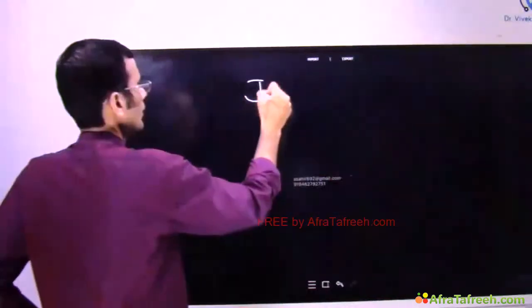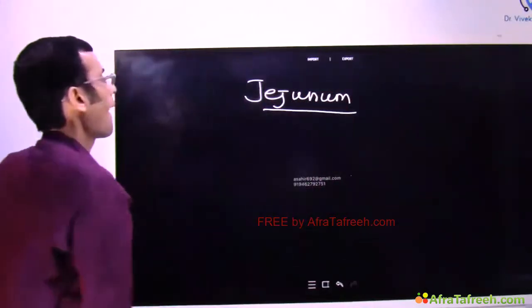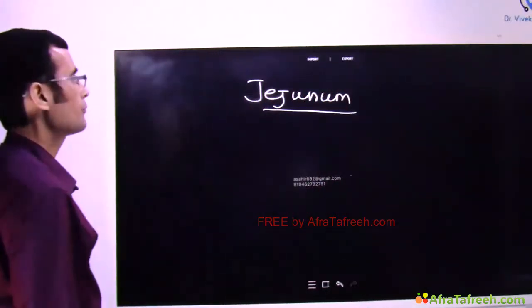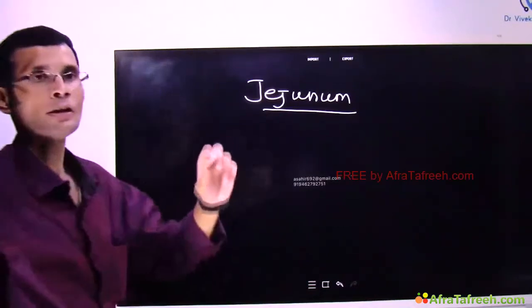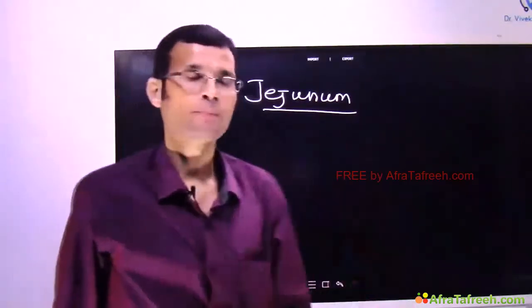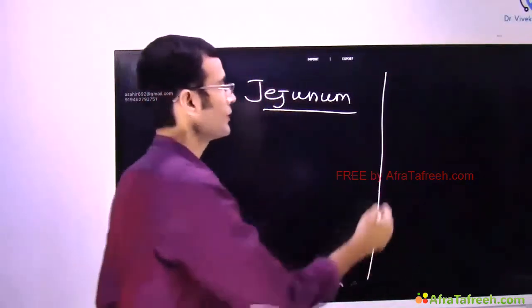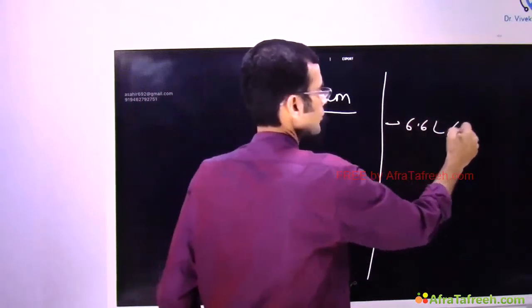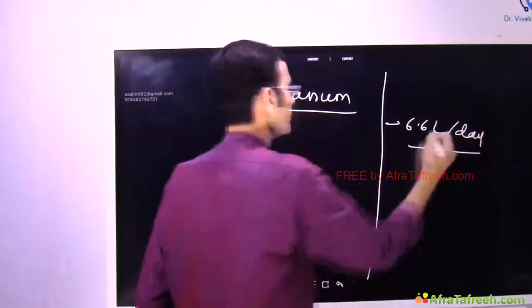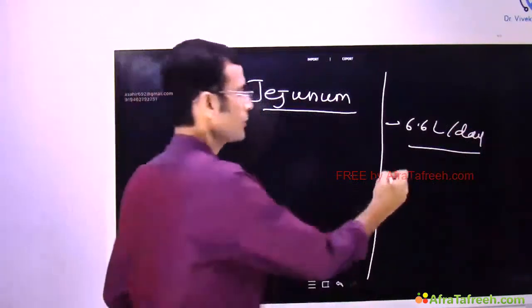Jejunum. What's absorbed from the jejunum? All the major nutrients are absorbed from the jejunum. So, even water, as we have said, maximum water is absorbed from the jejunum. Already discussed this point. 6.6 liters of water are absorbed per day from the jejunum, and 1.5 liters from the colon.